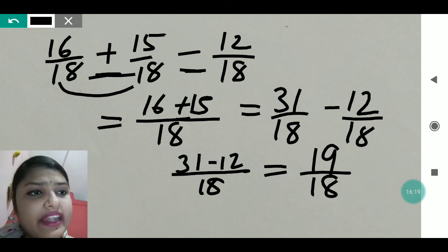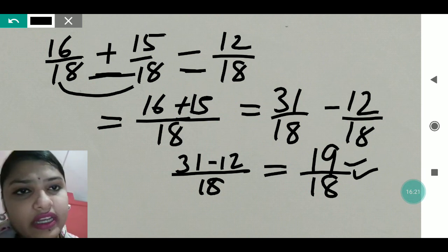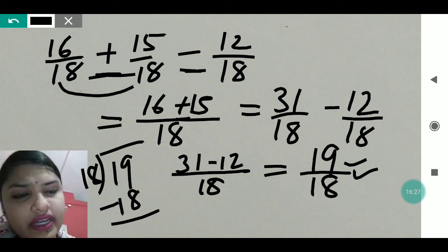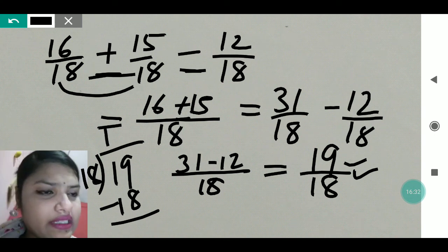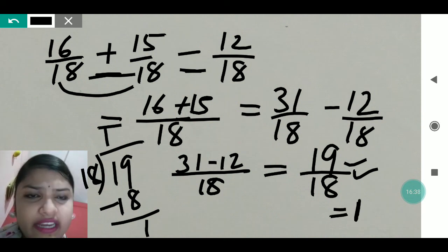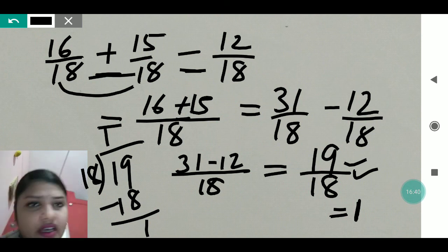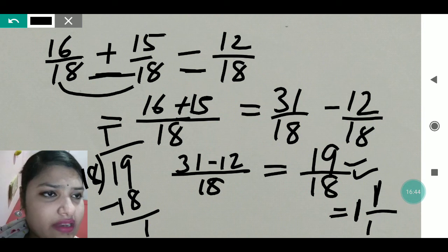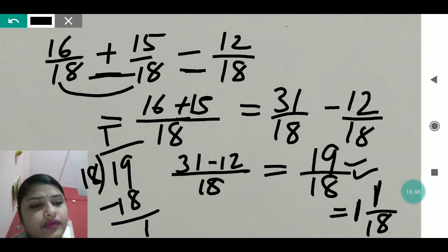Now 19 by 18 is an improper fraction, so you can convert it. Like this you can divide and convert it. What will you get as the last answer? 1 as a quotient you will get when dividing 19 by 18. The remainder is also 1 and downside 18.